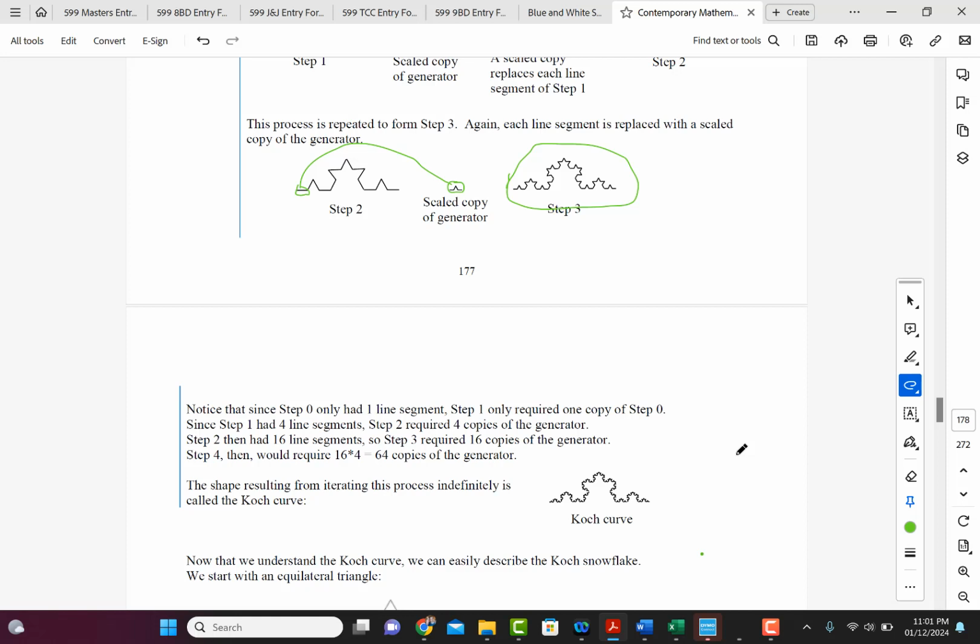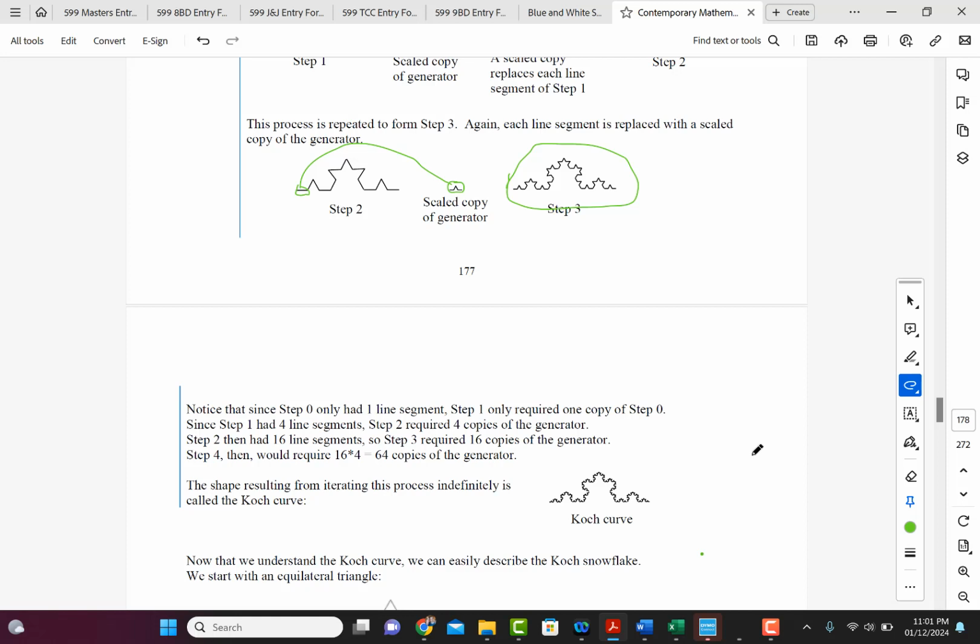Since step 1 had 4 line segments, step 2 required 4 copies of the generator. And then step 2 had 16 line segments, so step 3 required 16 copies of the generator.